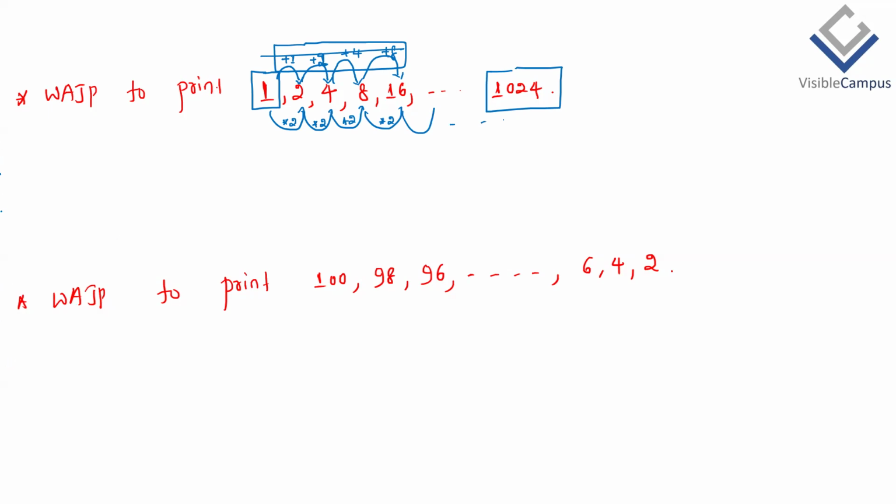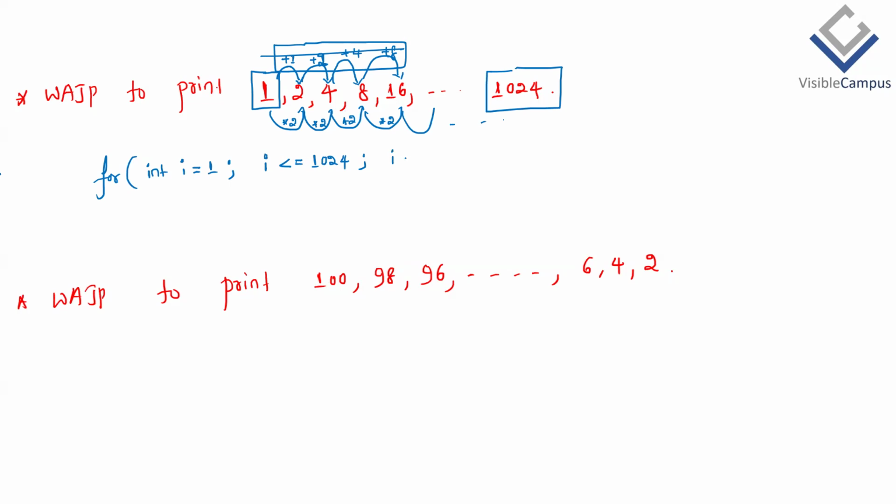To start with, first for loop, what is initialization? int i = 1. What is the condition? The i value has to be in increasing order. Therefore, less than, or if you want to include this last number, less than or equal to 1024. Then followed by i = i * 2 for incrementation.